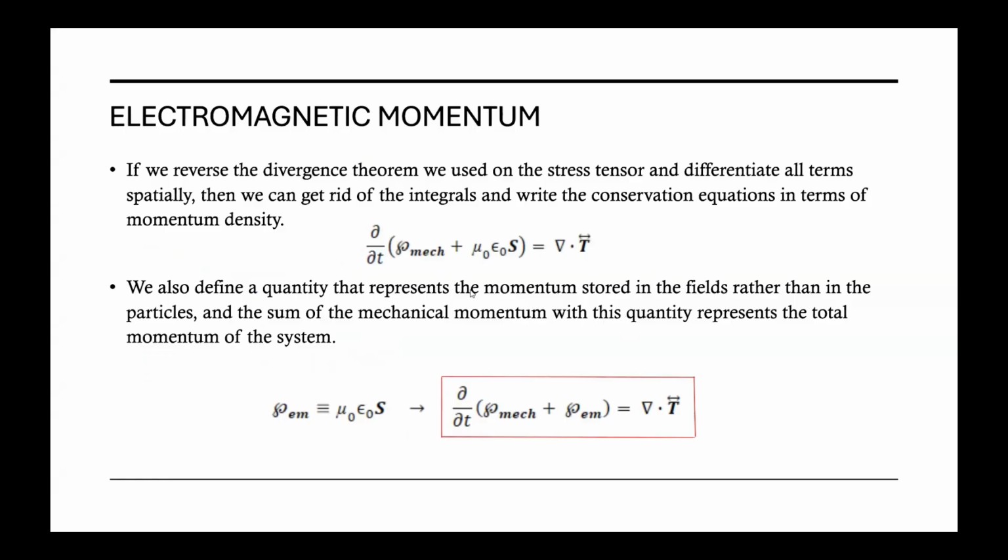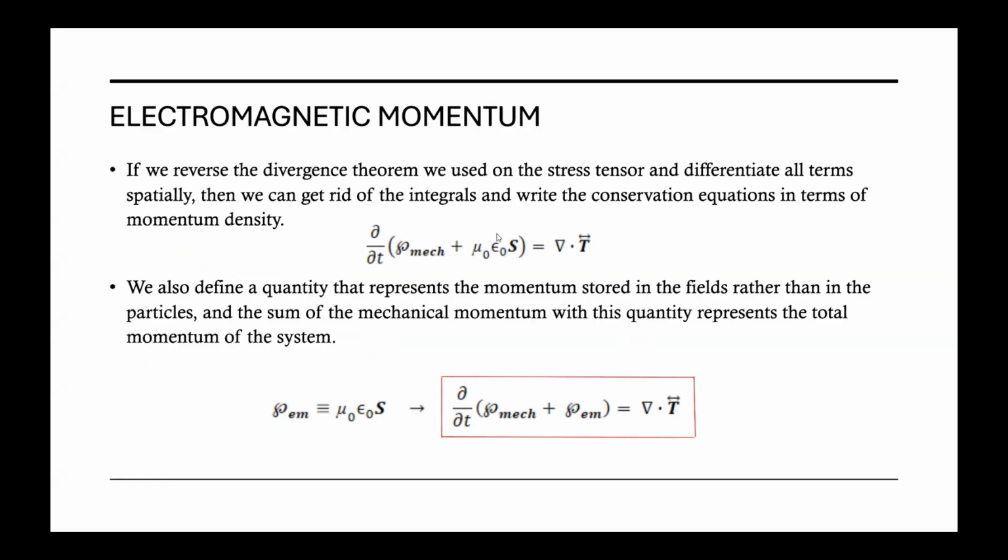And here we have reversed the divergence theorem on this T, and then we've taken it down to densities rather than full values. And so the time derivative of the mechanical momentum density plus this value here equals the divergence of T. And so we call this value here the electromagnetic momentum density.